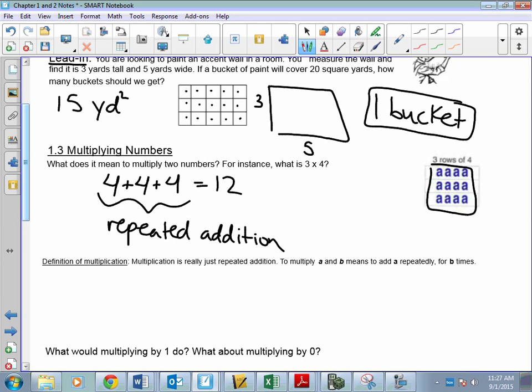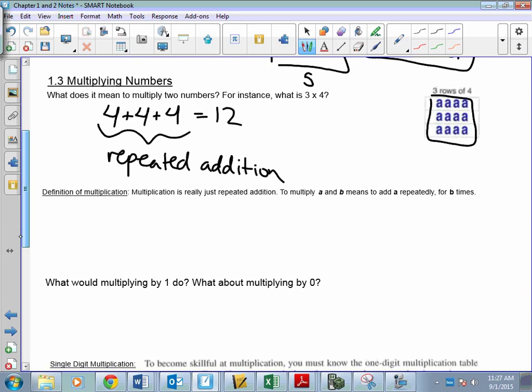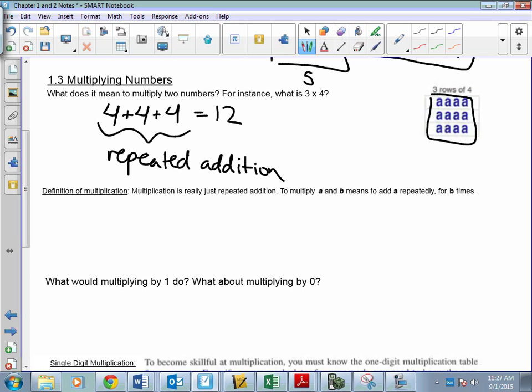So the definition of multiplication is already filled in for you. Multiplication is really just repeated addition. To multiply A and B means to add A repeatedly B times, or it could be to add B repeatedly A times. It's interchangeable. Up here I could have also had 4 rows of 3, and I would have had the same thing. That's called the commutative property of multiplication.